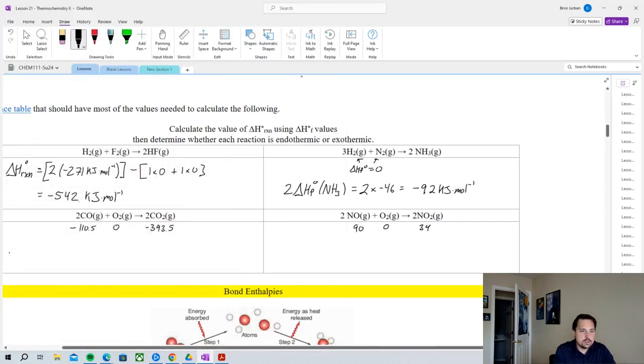So since we know all the heats of formation, we can find the enthalpy change of this specific reaction as it's written. We'll take the products' enthalpies of formation times the number of moles, and we'll subtract the enthalpies of formation of the reactants times their moles.